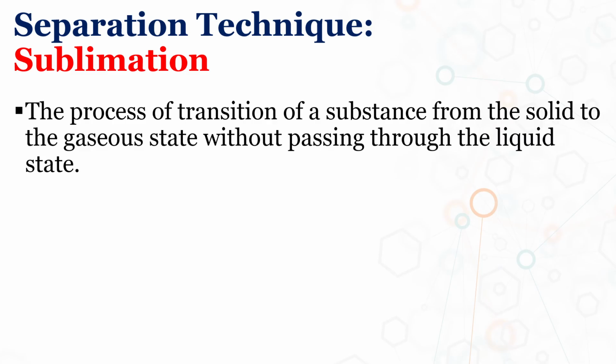And then now we have the sublimation. It is the process of transition of a substance from the solid to the gaseous state without passing through the liquid state. I know that you're familiar with this already because sublimation is a term used during your elementary to high school days.